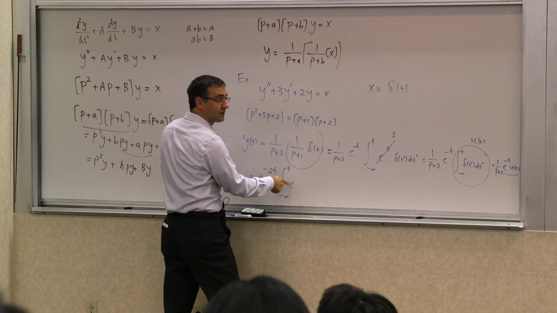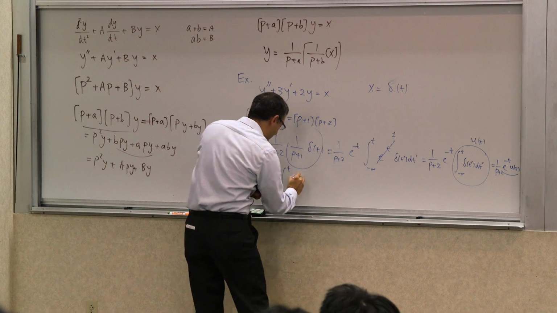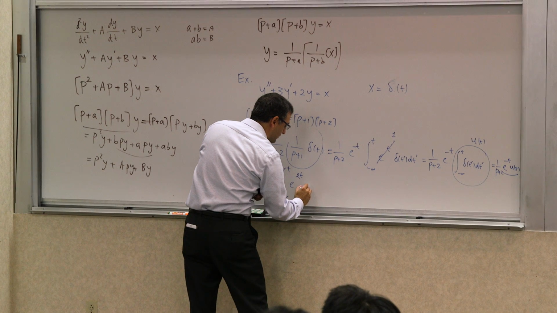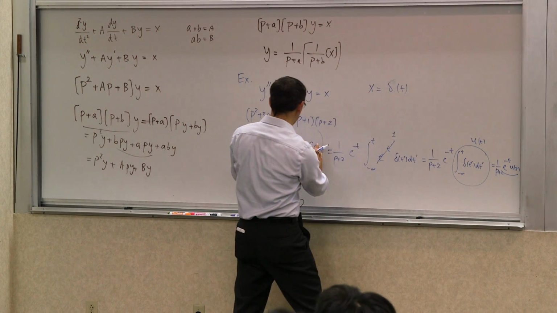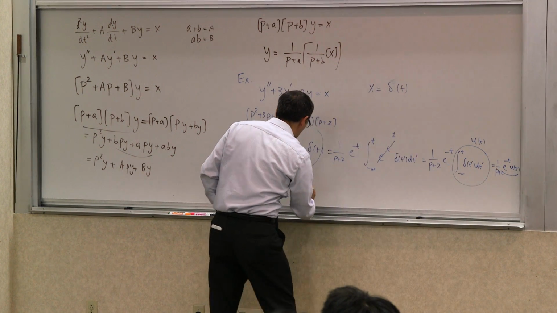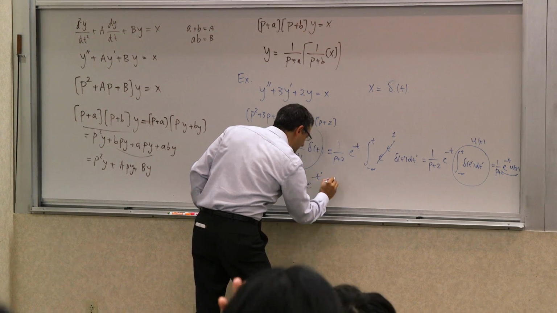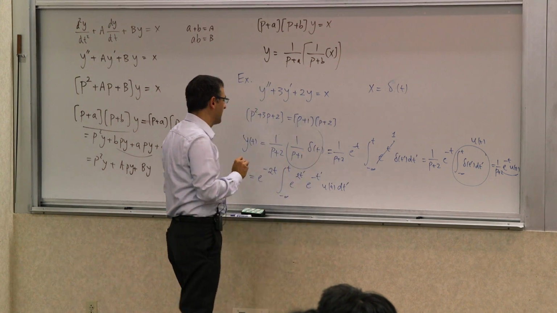E to the positive 2t, yeah. Okay, times, no, there's no Dirac delta anymore. Now the result of that first operation was e to the negative t u of t, right? So you have to apply it to the result of that first operation. So it's this.